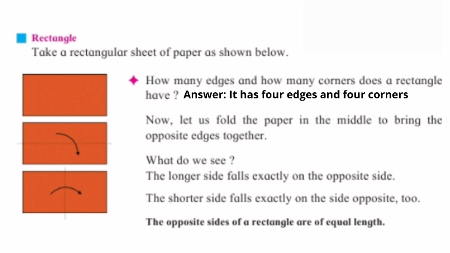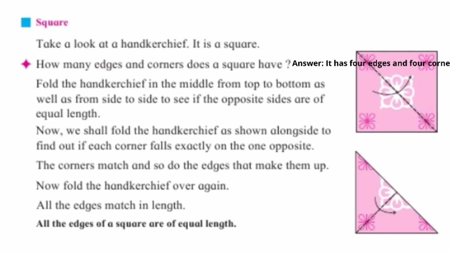What do we see? The longer side falls exactly on the opposite side. The shorter side falls exactly on the side opposite to it. The opposite sides of a rectangle are of equal length.